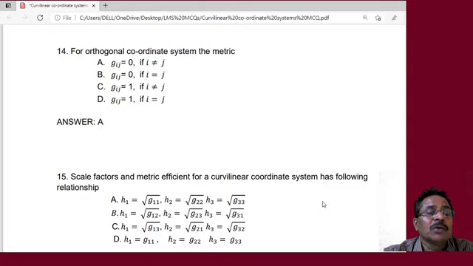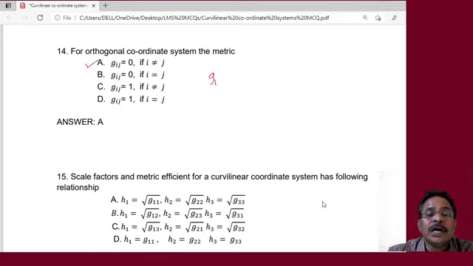Now, for orthogonal coordinate systems, the metric coefficients: option A, Gij is equal to 0 if i is not equal to j, Gij is equal to 0 if i is equal to j, Gij is equal to 1 if i is not equal to j, and Gij is equal to 1 if i is equal to j. Out of this, option A is the correct option as we have defined just now.